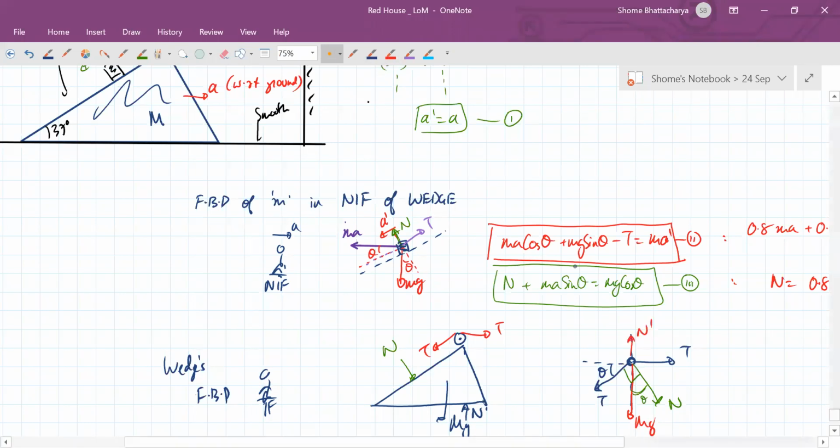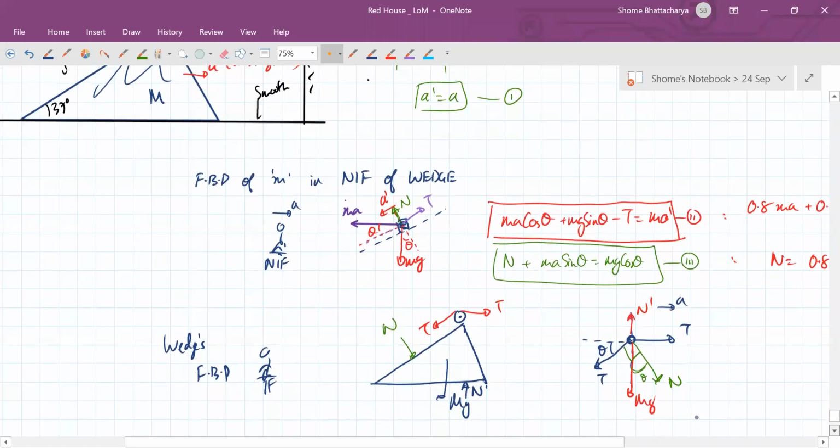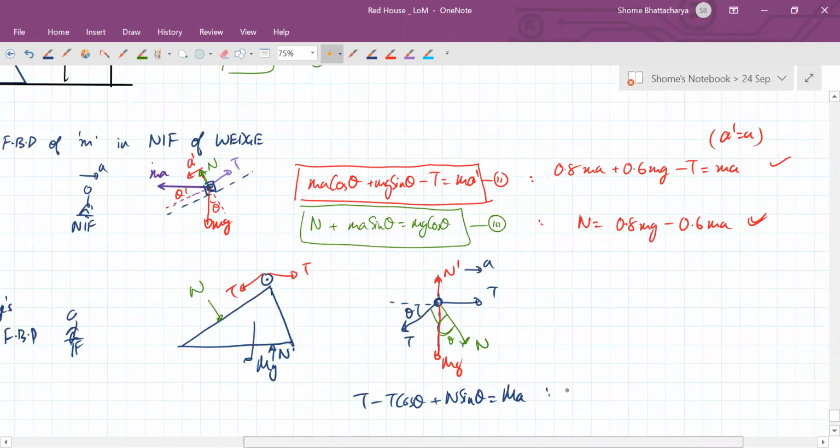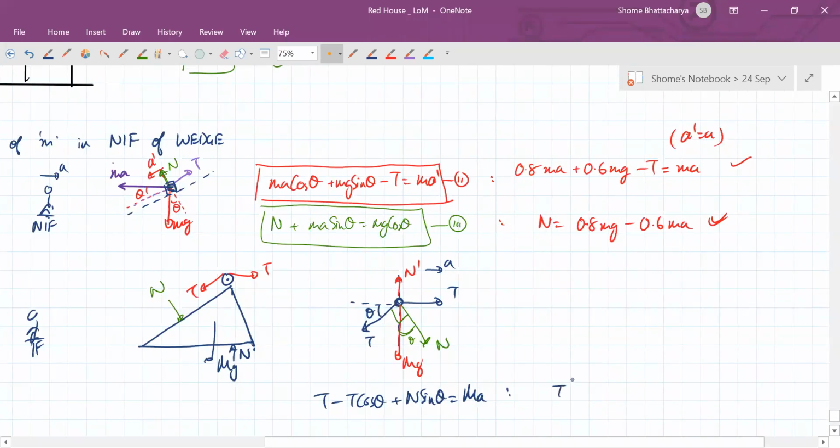Now in the ground frame, this guy is having an acceleration A like this, so its equation will become what? Its equation will become T minus T cos theta. Also there's an N, so plus N sin theta is equal to capital MA. So substitute the values, so you'll have T into 1 minus 0.8, plus 0.6 N is equal to capital MA.